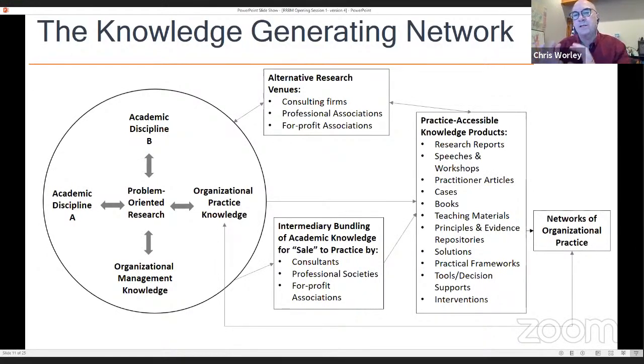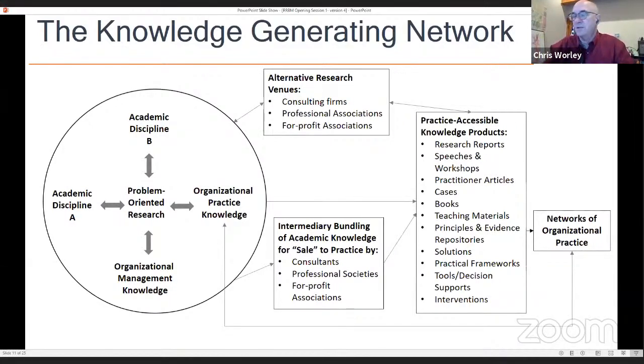So this becomes a really interesting graphic, because it asks the questions: where are you? Do you live only on the left side of the diagram? Or are you in the middle, in your social networks and the people that you talk to and work with? Are you way over on the right and you only talk to practitioners? How are you translating your work into different products: theory-based products, knowledge-based products, practice-based products?